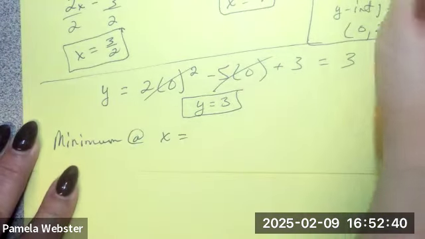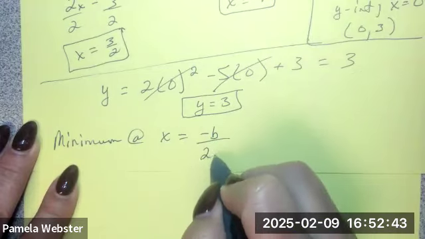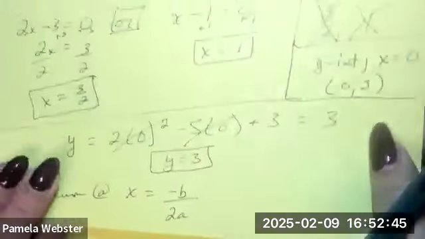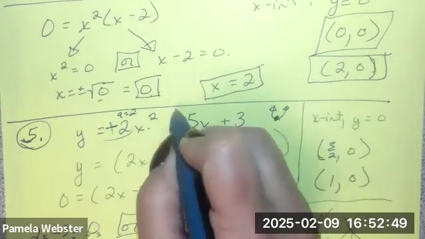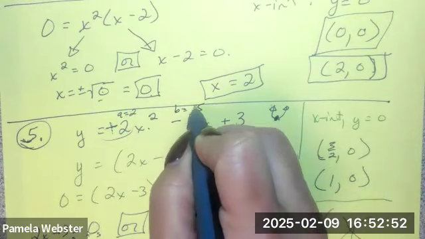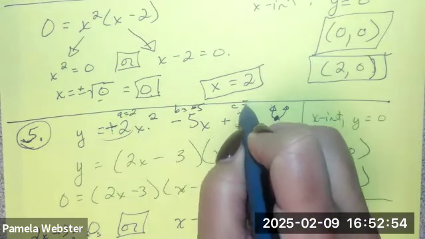At x equals, and remember, it's negative b over 2a. That comes out of the quadratic formula. It's part of it. Here a equals 2, b equals negative 5, c equals 3.